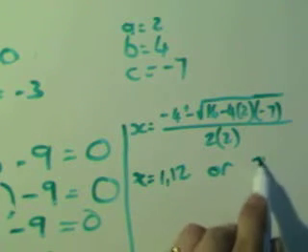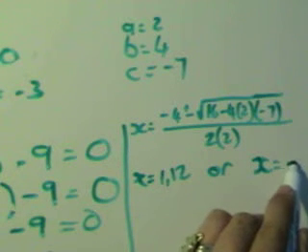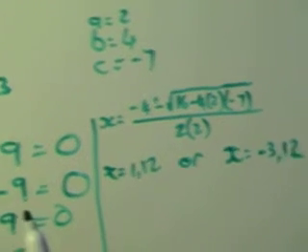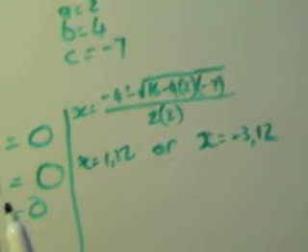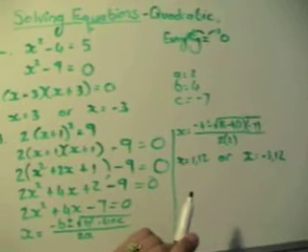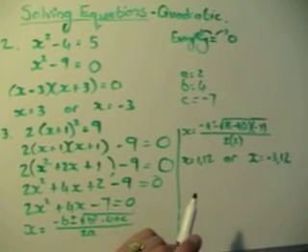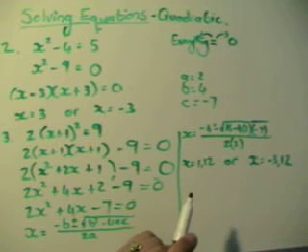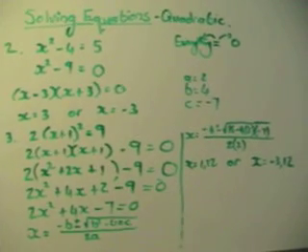So I write x is equal to minus 3.12, like that. Alright, so that is a nice problem using the formula.